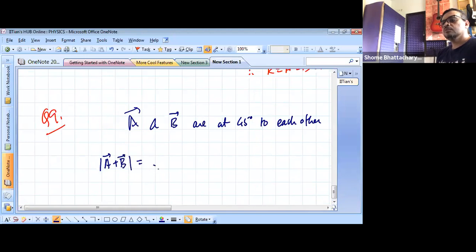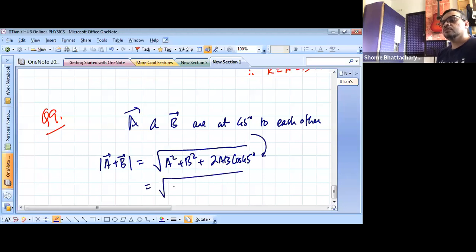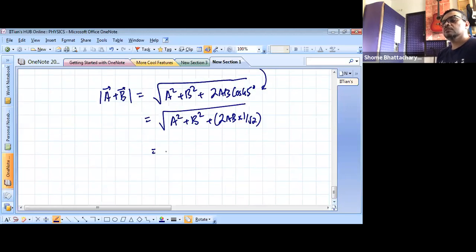It will become the root of A square plus B square plus 2AB cos 45, when you substitute this. So that will become the root of A square plus B square plus 2AB into 1 by root 2. That is the root of A square plus B square plus root 2 AB.